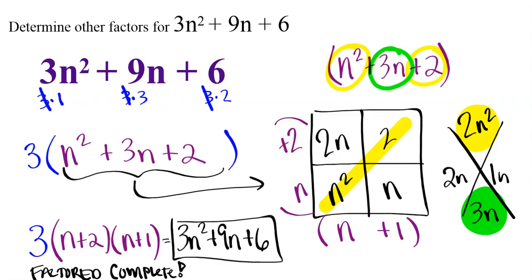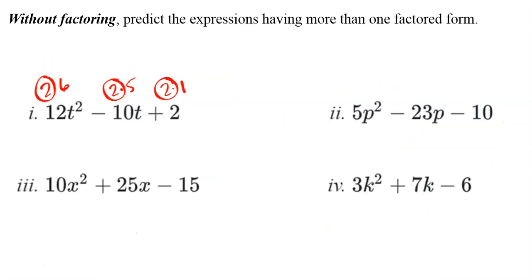Instead of having this be slashed out, let me circle that here like this, so we can pull out the 3, and there it is. So then we have 1 times the n squared, 3 times the n, 2 times, and then 2 times 3, which makes 6, so that's just 2, which is left. So that's what we did here. So this one will have more than one form.